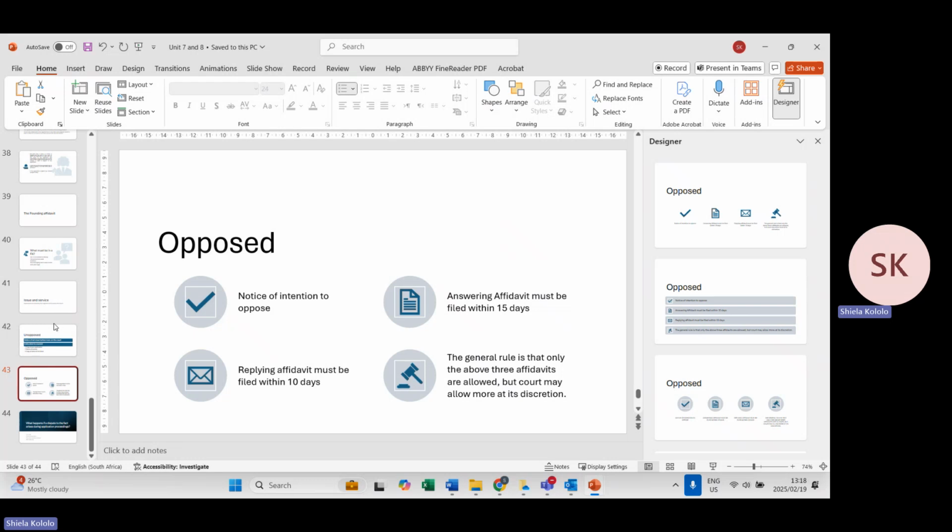So the general rule is that we are only permitted to file the founding affidavit, answering affidavit, and replying affidavit, but the court may, in its own discretion, allow further affidavits. But the general rule is that the three, which is the founding, answering, and replying, are enough according to the court.